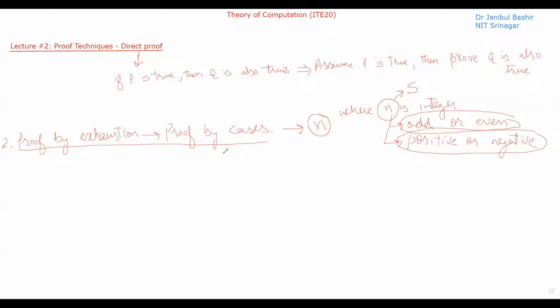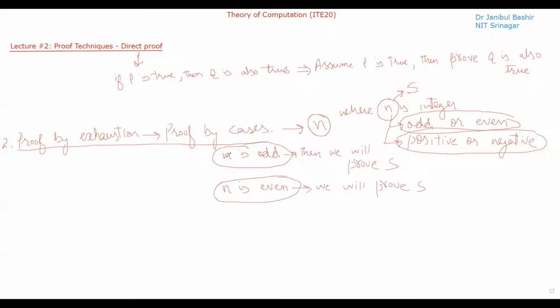For example, first we will assume n is odd, then we will prove S. Then we will assume n is even, and again we will prove S. So in both the cases, n is odd and n is even.